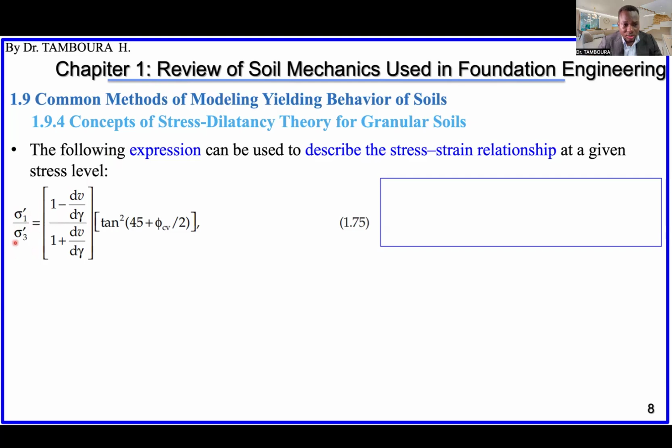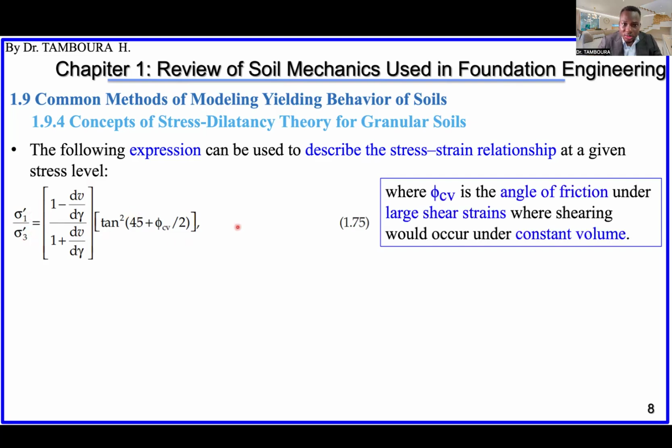You can see in this equation a ratio of the principal stresses, sigma 1, sigma 3. In this equation, the angle phi CV is the angle of friction under large shearing strain, where the shearing would occur under constant volume.